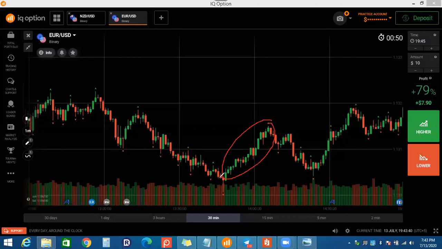Look at now, this trend is going slopey. It's not steep. And this wave, do you see? It's slopey also. In this wave, look, the market is a little bit steep as compared to the slope. And it's moving in the up direction, also steep.